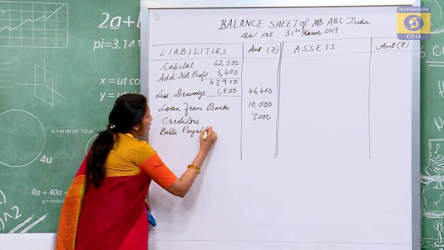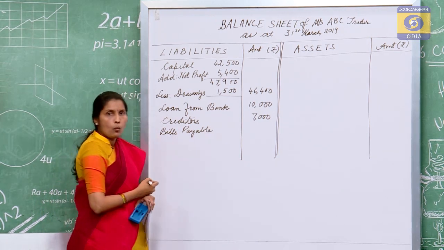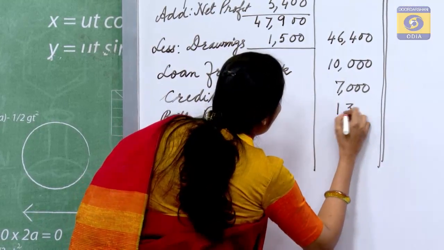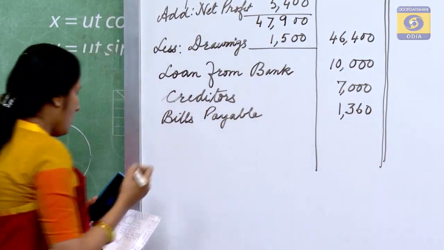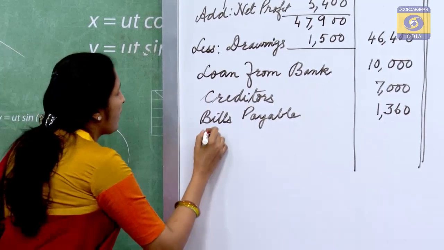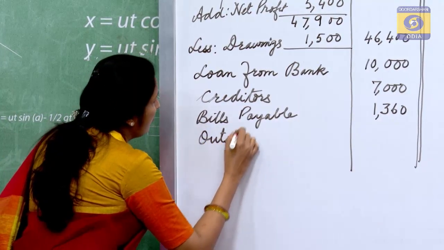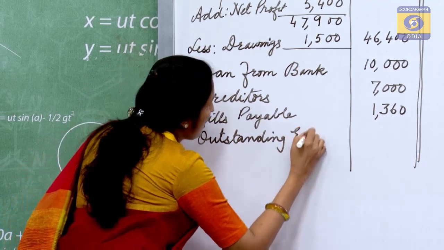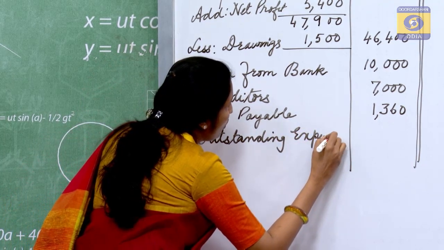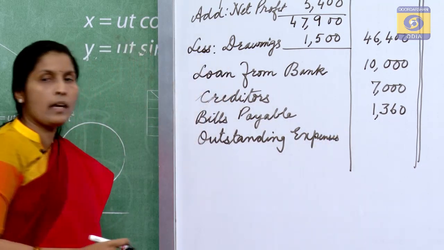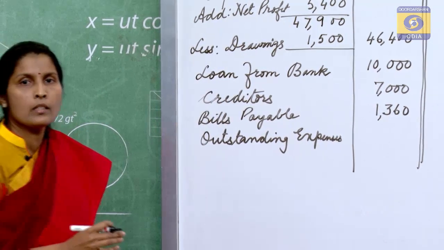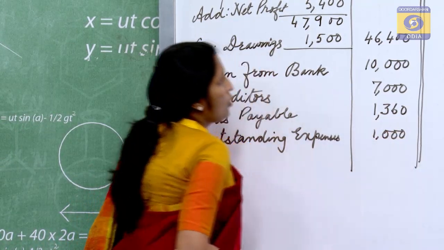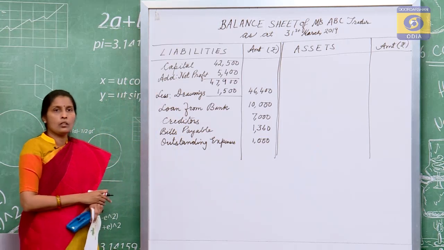So the amount of bills payable given to us is 1,360. And next item we have is outstanding expenses. Now these items I had already told you which items are going to go on the liability side and which on the asset side. So outstanding expenses we have is 1,000, that is given to us in the question. So I hope all the items on the liability side are clear to all of you.